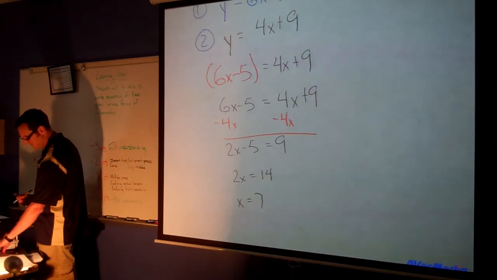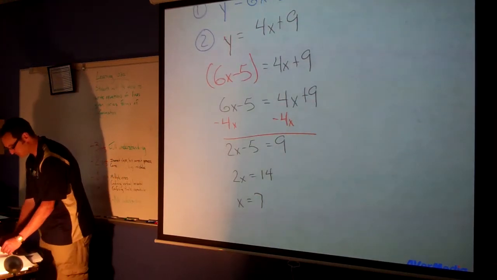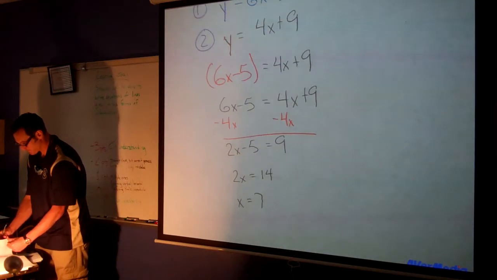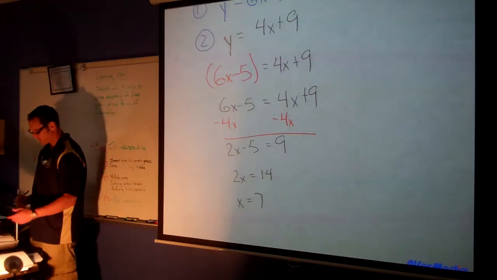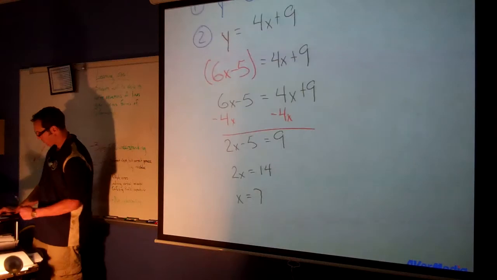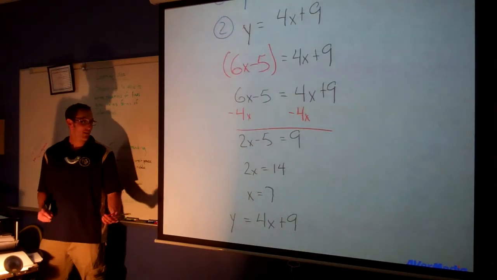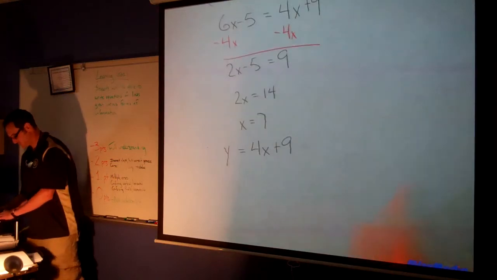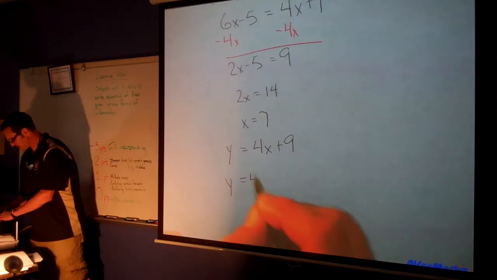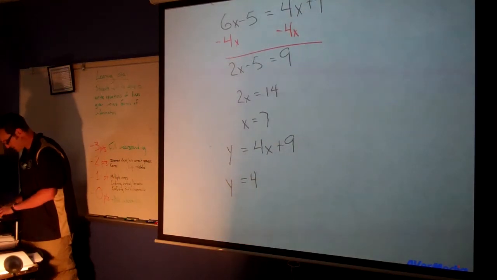So what I can do with that value, plug it back into an original equation and then solve for y. So my original equation, if I use y equals 4x plus 9, but I know that x equals 7, substitute the value for x. It's a lot of substitution.